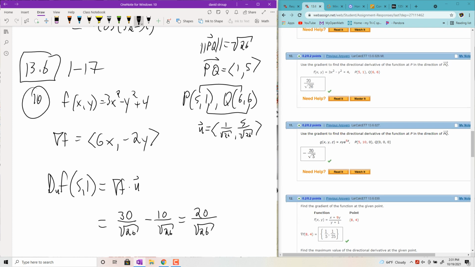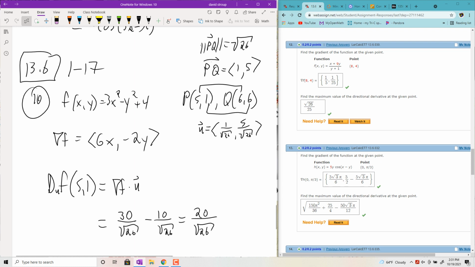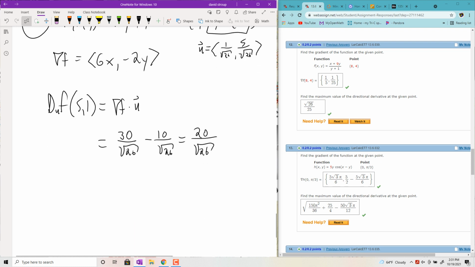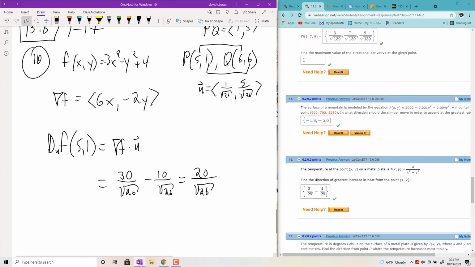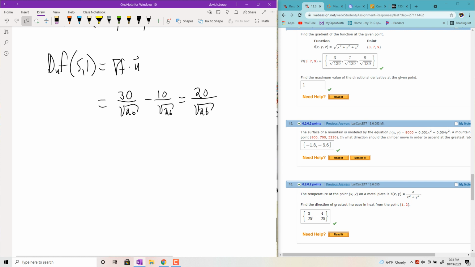One thing about the directional derivatives that we learned is that the direction of maximum increase on a surface is the direction of the gradient. So, for instance, problems like number 15, where they want to know the direction of maximum increase. You're a mountain climber and you want to go straight up the mountain as quickly as possible, something like that.